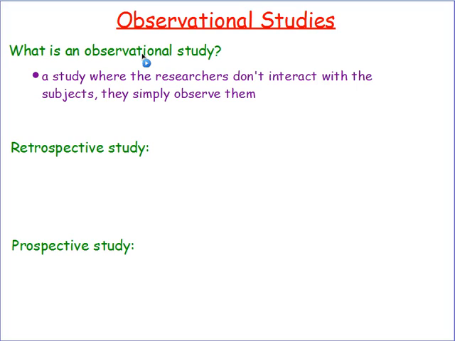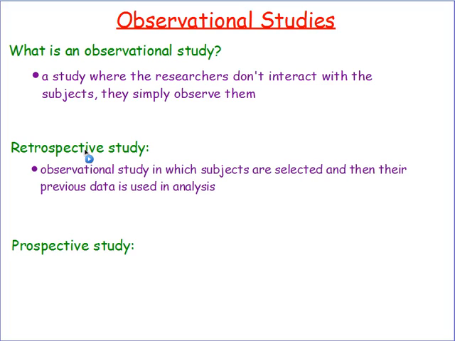Now there's two types of observational studies. There's a retrospective study and a prospective study. Let's talk about the difference. A retrospective study is an observational study in which the subjects are selected and then we use previous data for our analysis.